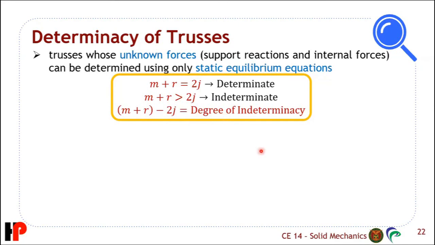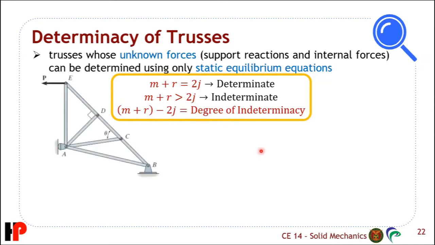Okay? So again, to illustrate that one, let's look at this one, a basic truss. So let's count the number of members. Again, no member is continuous through a joint unless hindi siya nakakabit doon sa joint niya. So, for example, this one, 1, 2, 3, 4, 5, 6, 7. So, therefore, M equals 7.